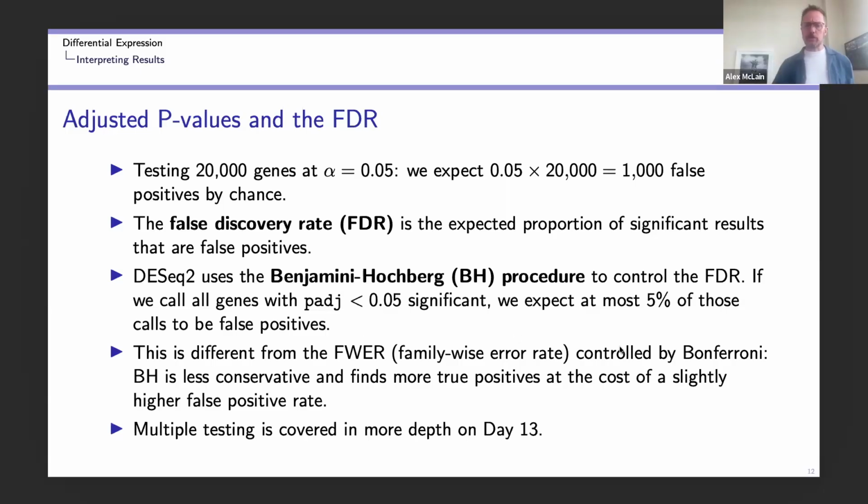Some of you may have heard of the Bonferroni procedure before. Bonferroni is another multiple testing procedure. It's one that requires a lot higher threshold for saying something is significant versus the BH procedure. So we'll discuss that more in depth when we get to day 13.